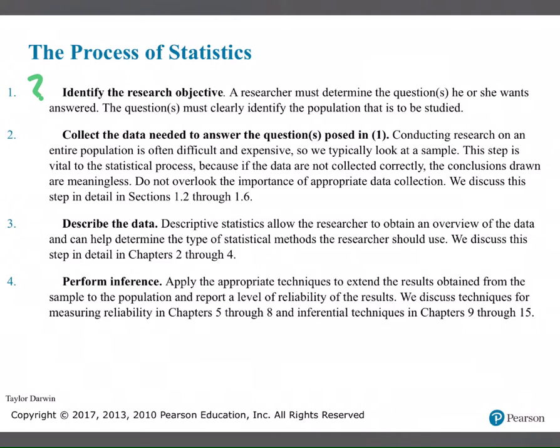So identify the research objective, and then we need to collect the data, and we're going to learn good ways to collect data in this course. There are good and bad ways. Then we're going to describe the data. So instead of having all of that raw data, which you'll learn what that is, just sitting there, how can we summarize it? How can we make it pleasing to the eye?